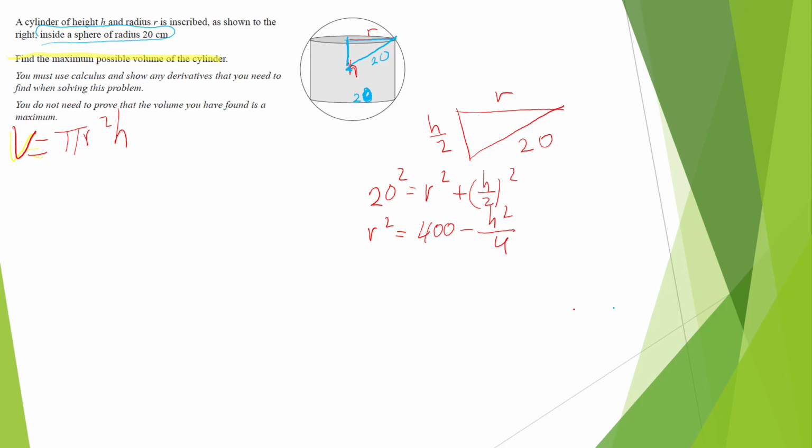Why did I choose r squared? Because it's a direct substitution into the volume equation. So now I will substitute it back in: pi times (400 minus h squared over 4) times h. Now I can expand, or you can use the product rule. I'll expand, it's easier.